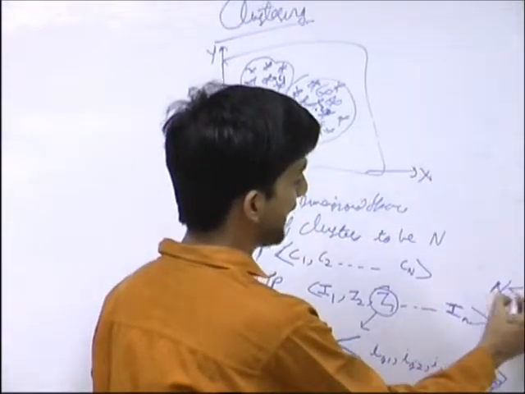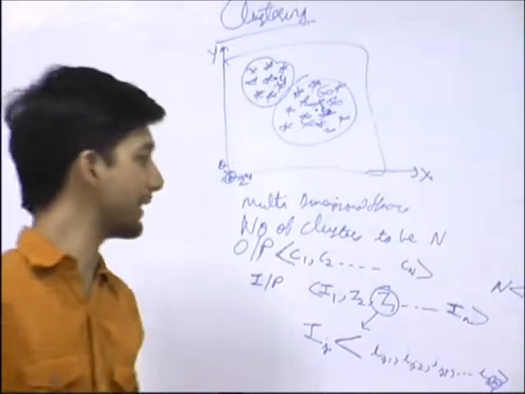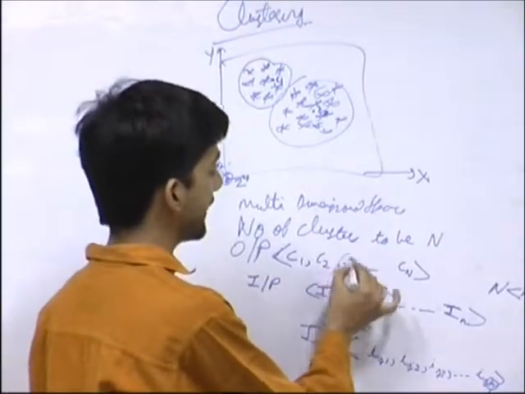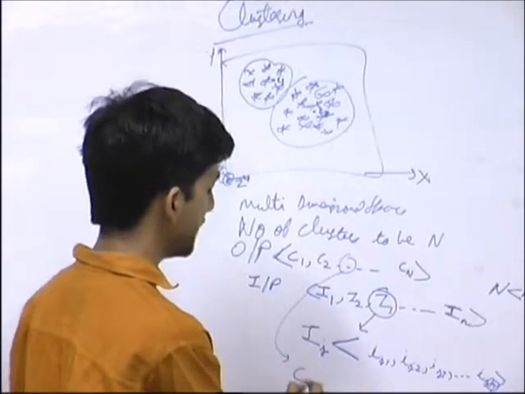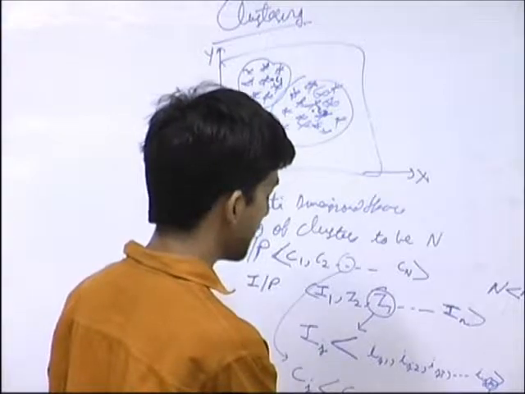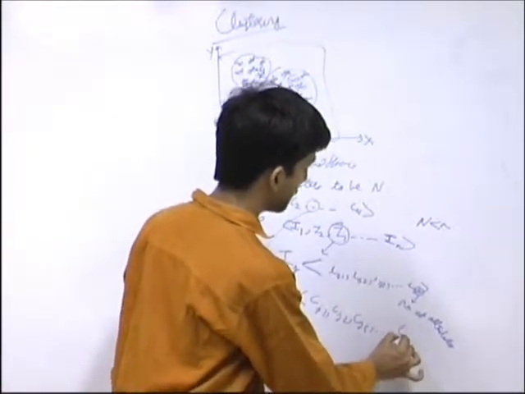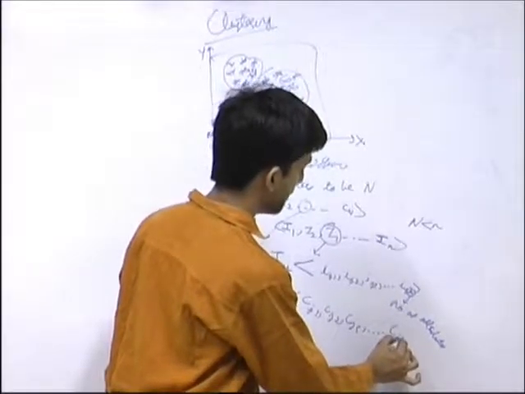Usually n will be less than the number of inputs, because clustering needs to reduce the data, it does not need to expand the data. Any cluster center Cj will be of the format Cj1, Cj2, Cj3 and so on up to Cjp.